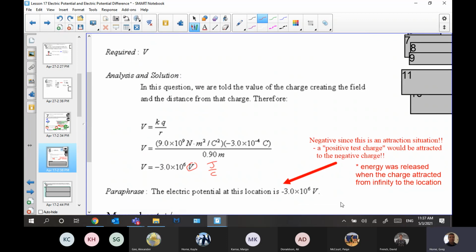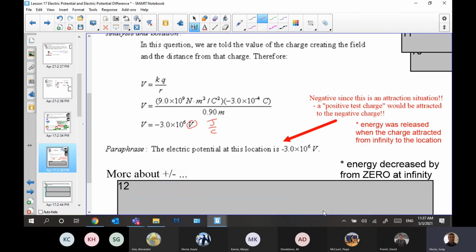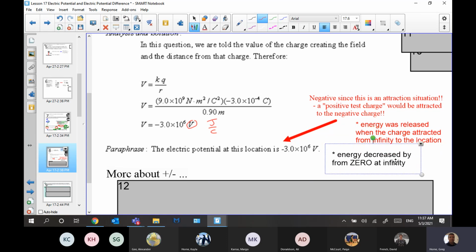I can even add in the note that the energy decreased by, I'll write out that number with my pen maybe, from 0 at infinity. Move that up here. So that's the idea of whether it's a difference or not. That'll work good.